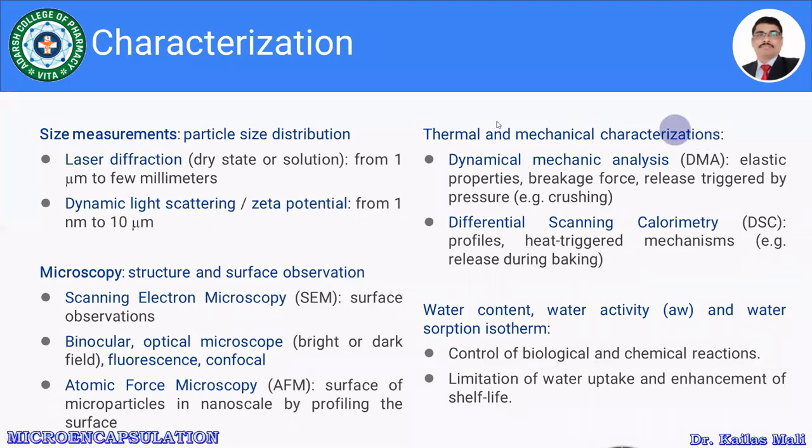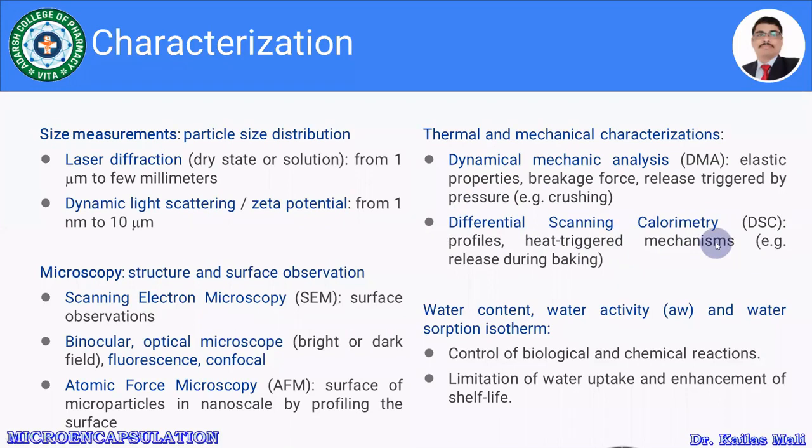Let us move towards the next parameter, that is the thermal and mechanical characterization of the prepared microencapsulated product. It can be done by using dynamic mechanical analysis and differential scanning calorimetry. With the help of dynamic mechanical analysis, it is possible to get the idea about elastic properties, then breakage force, then the release triggered by pressure. Whereas in the case of differential scanning calorimetry, it is possible to get the profiles, then furthermore heat triggered mechanisms.